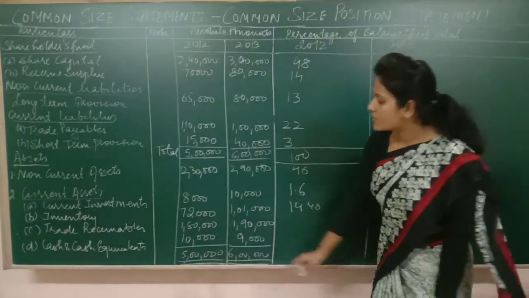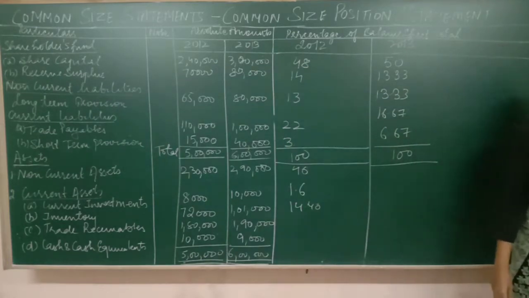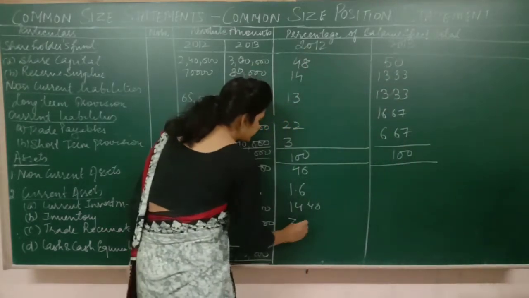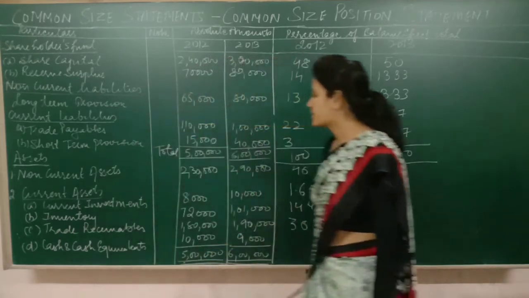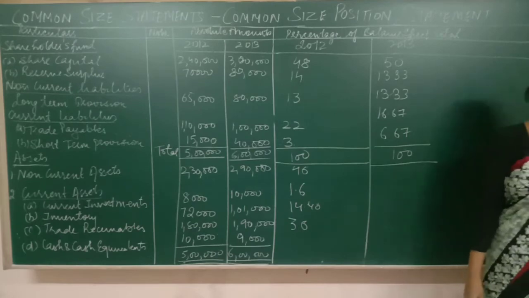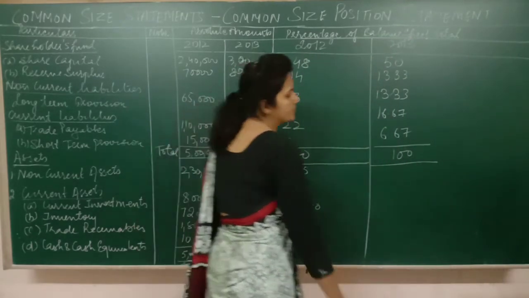Then the next is trade receivables, that is 1,80,000. So it will be equal to 1,80,000 upon 5 lakh, that is equal to 36%. And the last is cash and cash equivalents, that are rupees 10,000. So 10,000 upon 5 lakh into 100 is approximately equal to 2%.